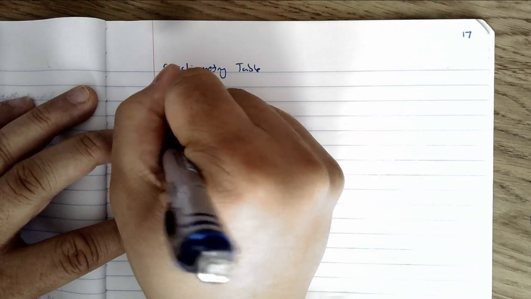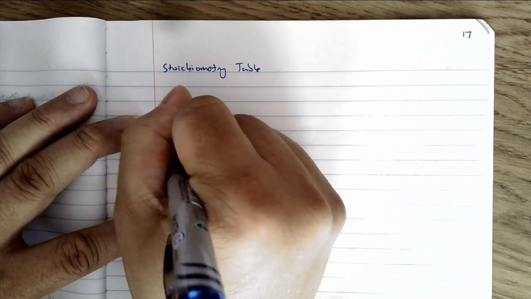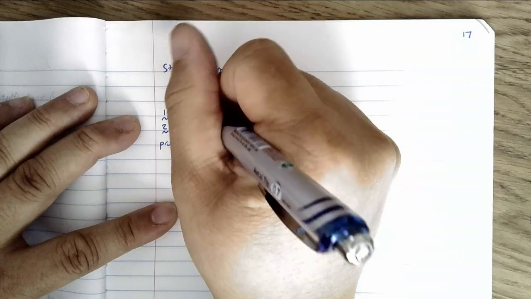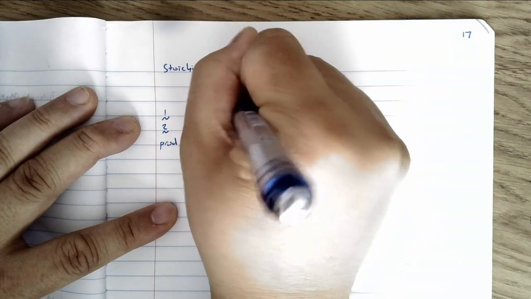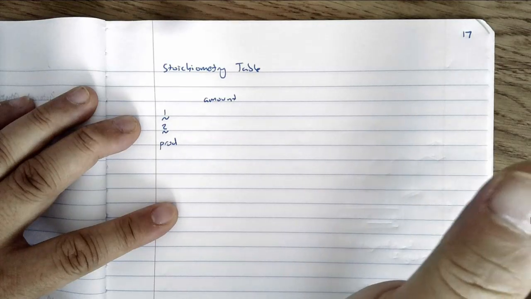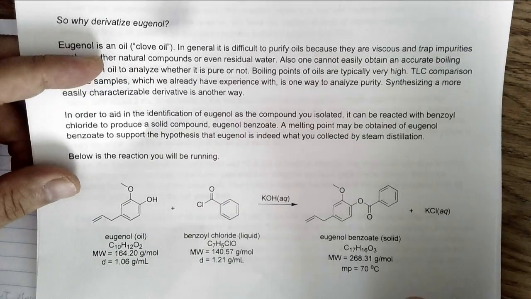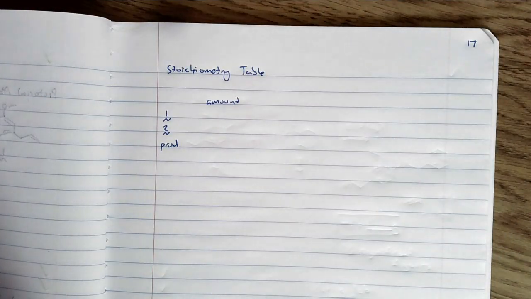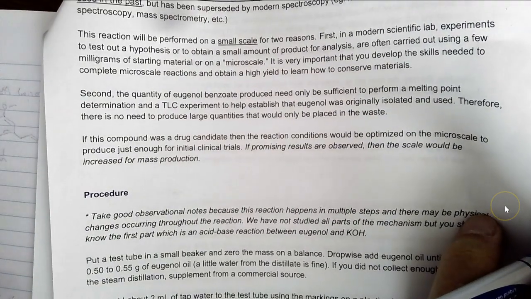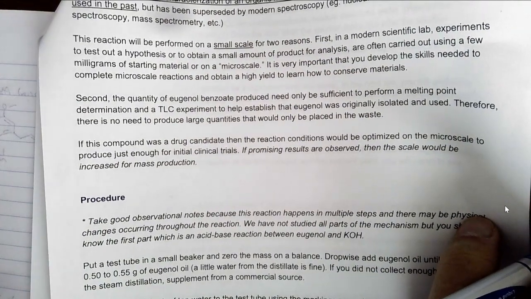So you're going to skip 2 lines. 1, 2, product. The first column is going to be amount. That's not the molecular weight, right? The amount is how much did you literally use. Let's see if I can find that real quick. It will be a number that you have to predict because this is part of the prelab.